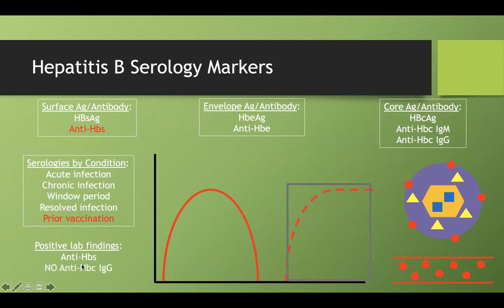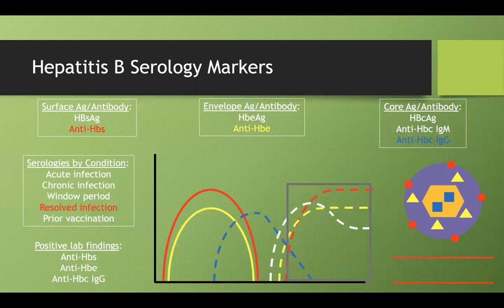You will not see any other antibodies. You're not going to see an antibody to the core. You're not going to see an antibody to the envelope because it didn't encounter these antigens. The vaccine only produces this one, whereas the virus will produce all three. So in a vaccination, you're only going to have anti-HBs positive. You're not going to have any Hep B core IgG. Contrast that with our resolved infection here, where you will see all of these antibodies present in a resolved infection to true hepatitis B.